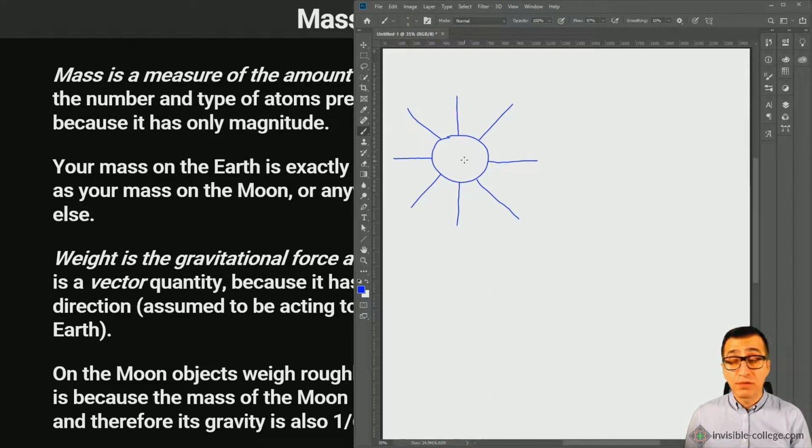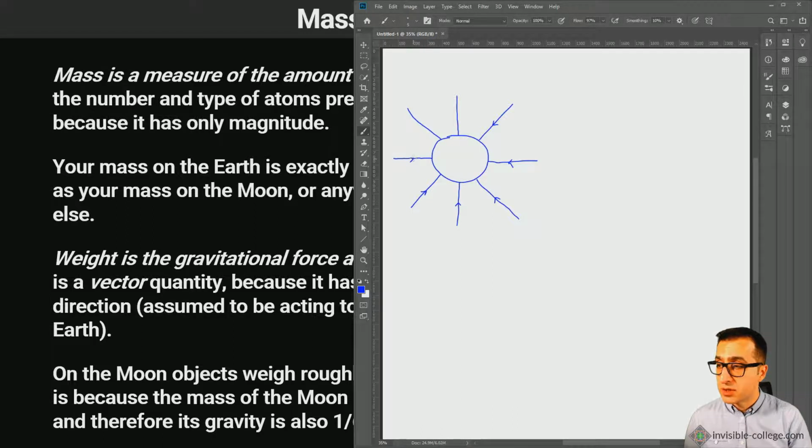But a gravitational field is a vector quantity, like all fields, and it describes the force acting on a neighboring object due to the object causing the field, and in the case of gravity, that force is always attractive. So we draw the lines of force pointing towards the object whose field we are drawing.